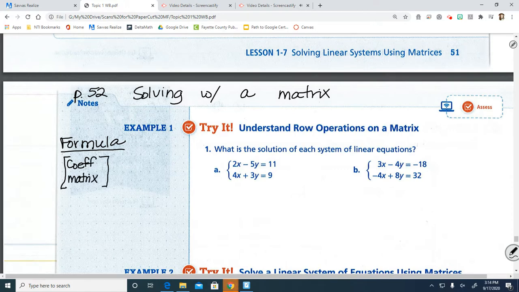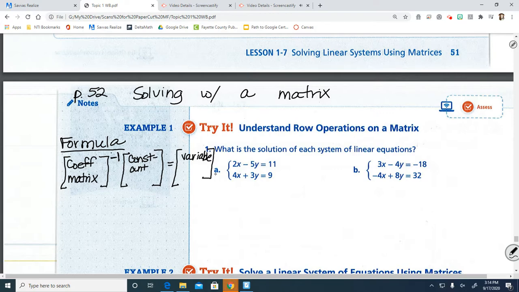The way you do it is you put a -1 that looks like an exponent, but it's indicating the inverse of a matrix. Then that's going to get multiplied by the constant matrix, and that's going to give you the variable matrix, and that's going to tell you what your answers are.